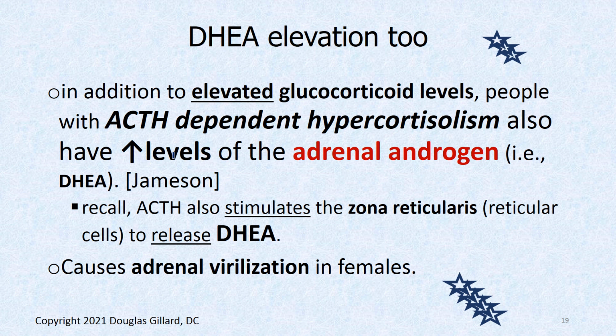I don't know how this is going to show up on boards because they don't like abbreviations. I have a feeling they might say the adrenal androgens. DHEA is converted into androstenedione. So you definitely need to know all those three: androstenedione, DHEA, or the adrenal androgens, because I'm not sure which one they're going to use.